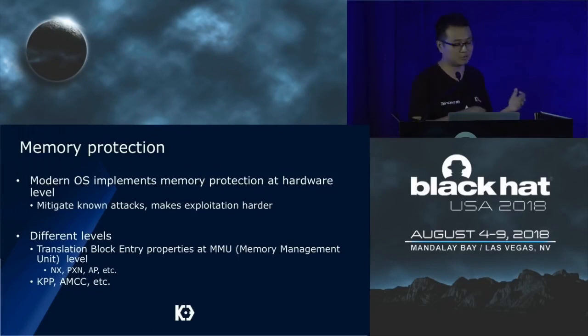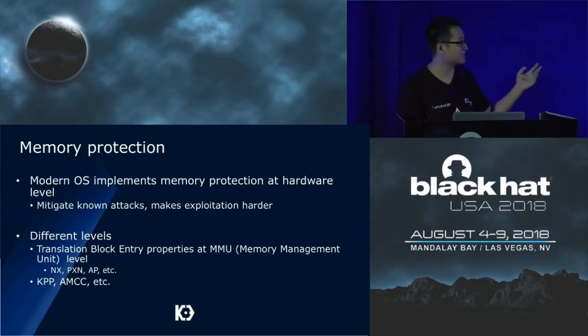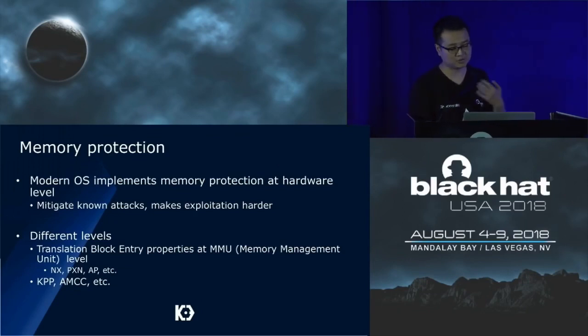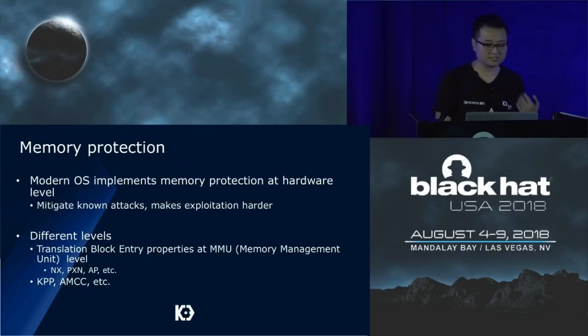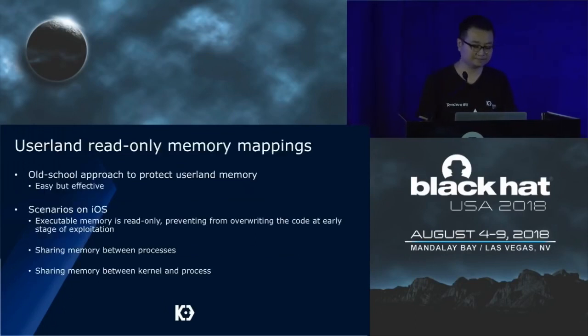And also the AP, which indicates access protection, like read-only or write-only or execute-only memory. Besides that, there are also some mitigations like KPP and AMCC, which also relate to memory protection, but they are implemented at a deeper and lower level, which is not in the scope of this talk.